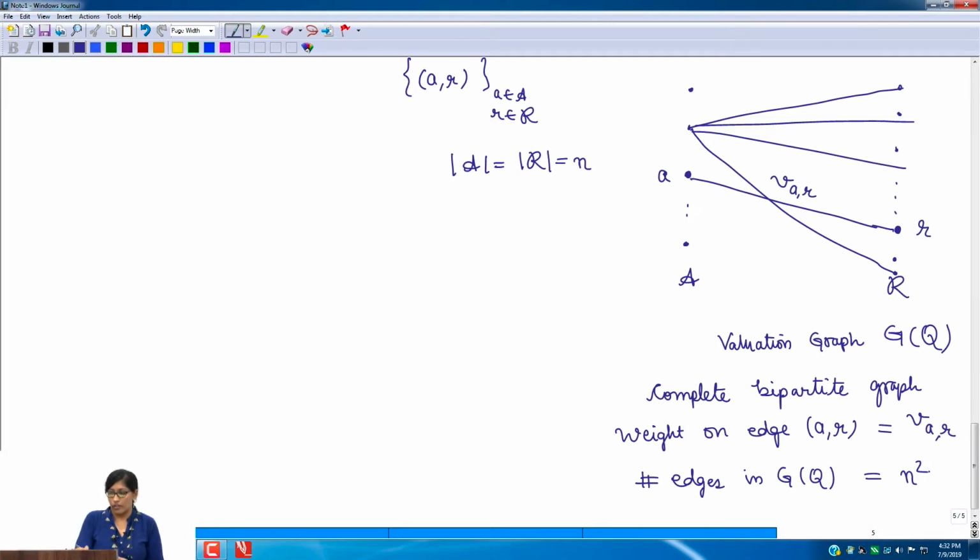Okay. And I have said that we just give a weight of VAR to each edge AR. Okay. This construction of valuation graph clear?